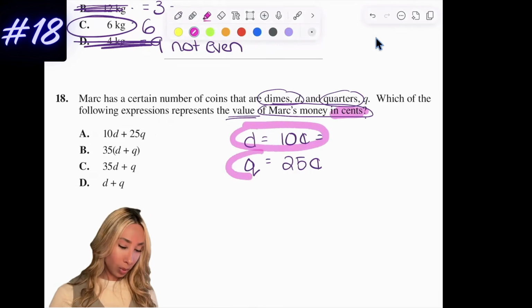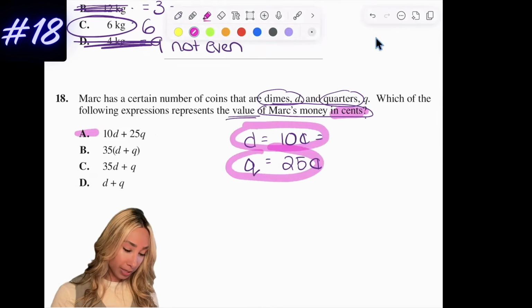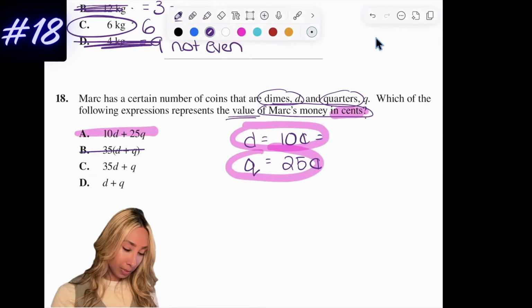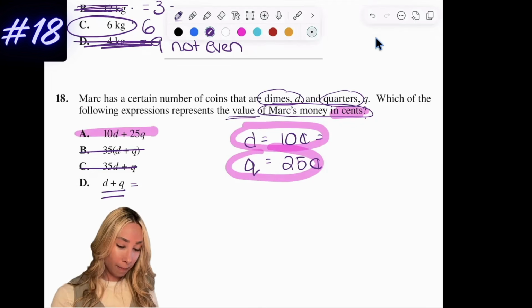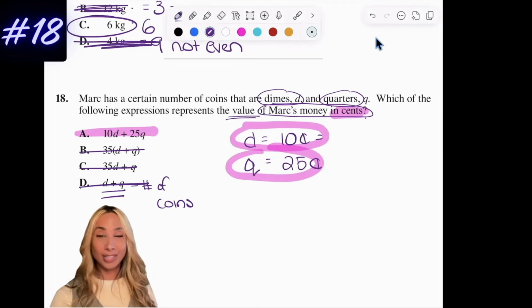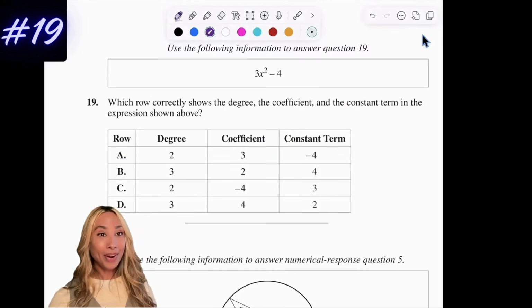And same thing with the quarters. So the only option that's going to work for this is A, as we're not going to be able to combine them for their value. And same thing with this one. This would be great if it was just asking for the number of coins, keeping in mind if this one worked, we probably would need that number of coins. So that's our answer.